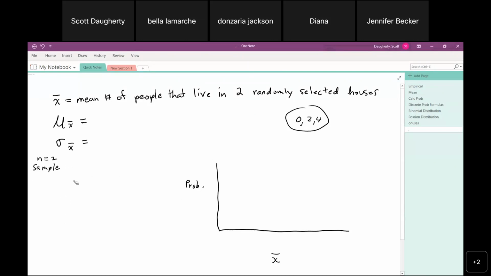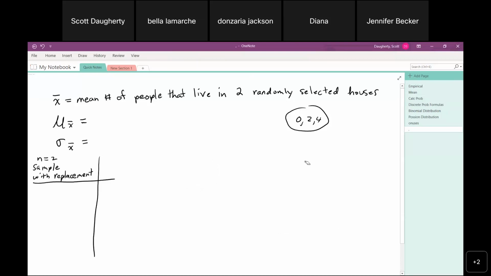We're going to do this with replacement, what's called with replacement.